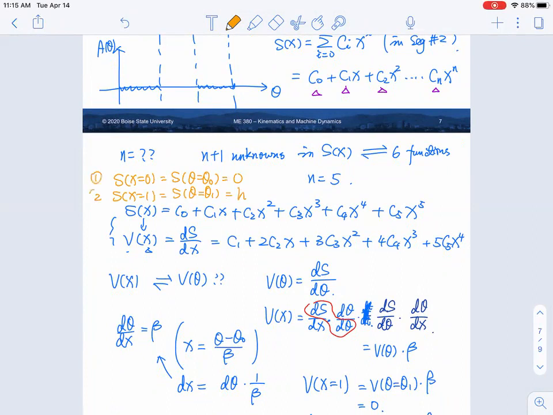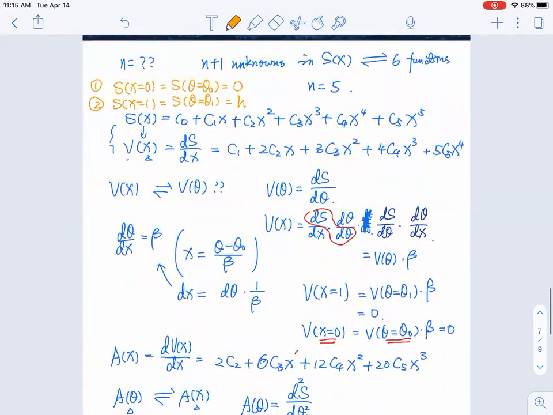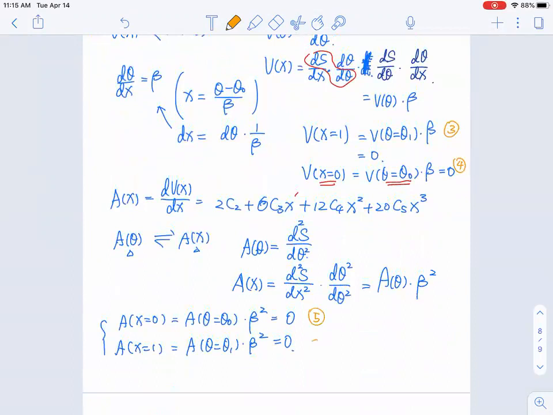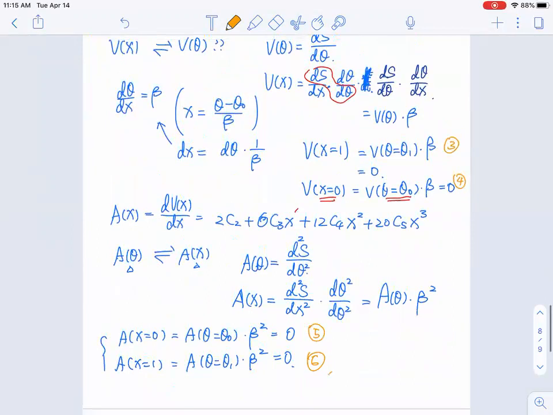You have equation number 1, number 2, 2 equations from displacement. And then 3, 4, 2 equations from velocity. 5 and 6, 2 equations from acceleration. So you have 6 equations in total, and then you have C naught all the way to C5, 6 unknowns. By solving these 6 linear equations, you can find your coefficients.